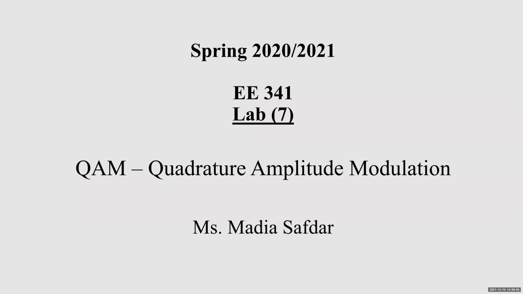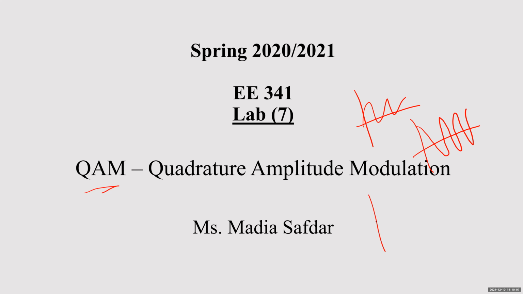Here we have two carriers, carrier 1 and carrier 2, which is 90 degrees shifted. In quadrature amplitude modulation we get amplitude modulation as well as phase modulation, which is similar to frequency modulation.